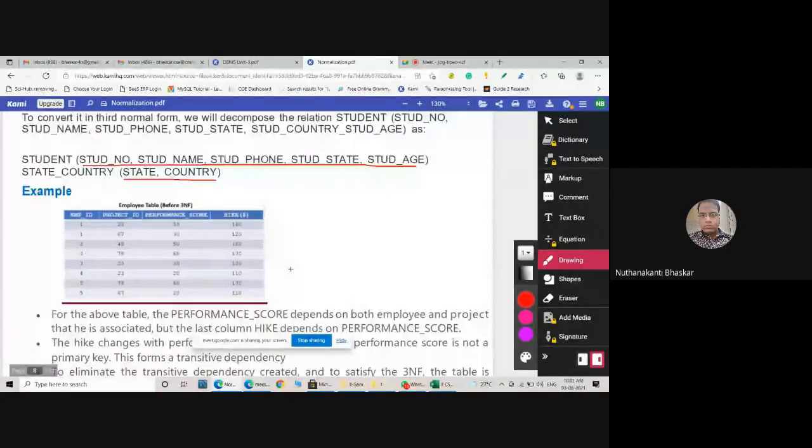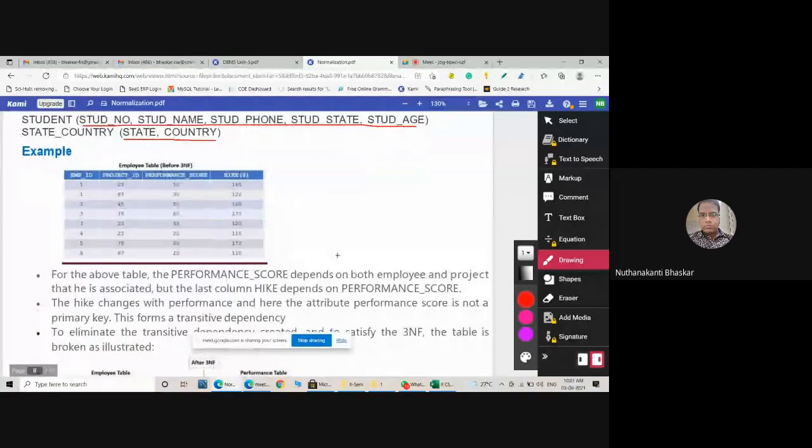Coming to another example, here employee table: employee ID, project ID, performance score, and hike. So now tell me here, is there any trivial functional dependency or not? Before going to trivial dependency, go for the functional dependency.